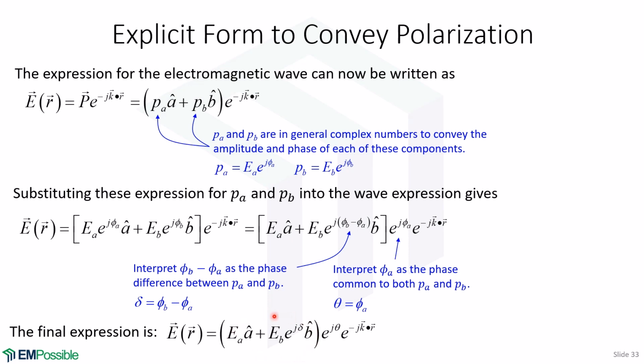All the information about polarization is described by EA, EB, and this delta term. The theta does not matter, and this complex exponential out here with K and R in it also does not matter. So no matter what our expression is for the wave, if we can algebraically manipulate it into this form, we can extremely easily determine the polarization.